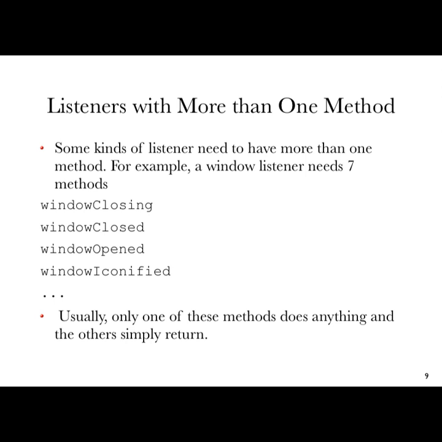And as I said earlier, sometimes you'll have more than one method. The interface for a WindowListener has seven methods: windowClosing, windowClosed, windowOpened, windowIconified, various things to do with the state of the window.